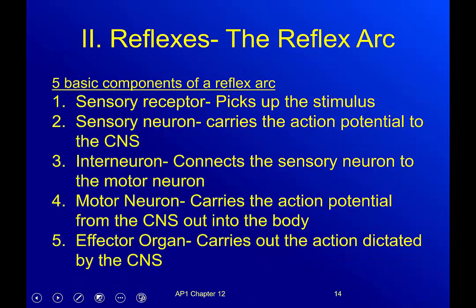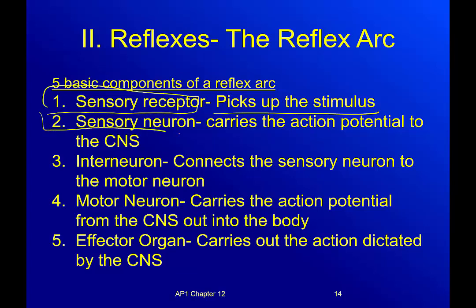So, there are 5 basic components to a reflex arc, and you know this. You've been learning this since chapter 1 when we talked about, not reflex arcs, feedback systems. You've got your sensory receptor that picks up the signal, the stimulus.